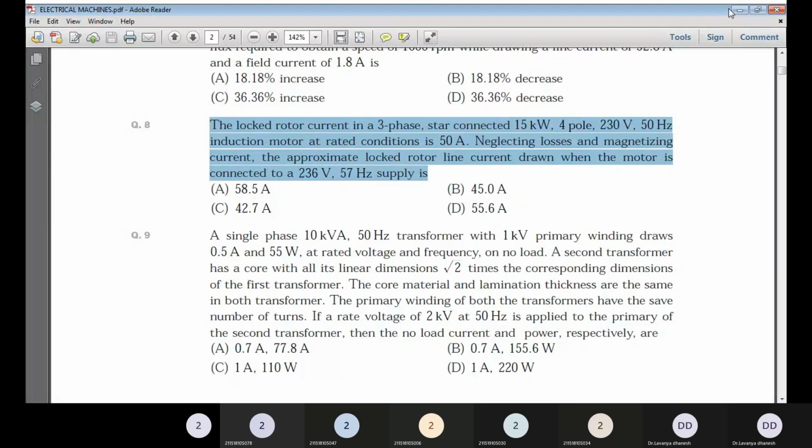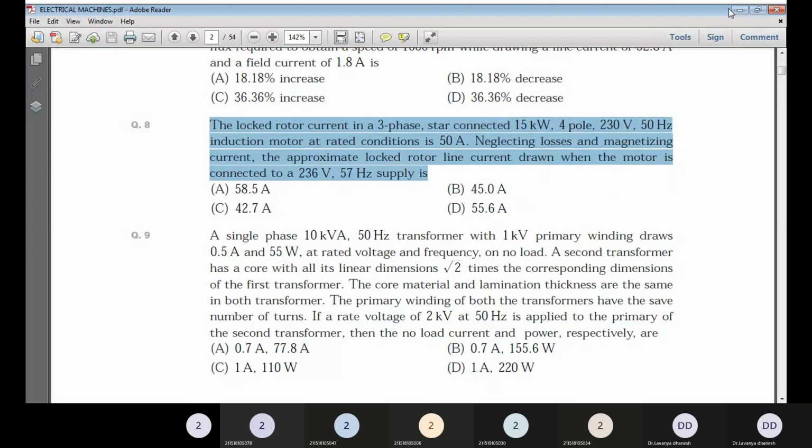That is E2 by X2, and the smaller the frequency, the larger the current. Okay, so these are the expressions.